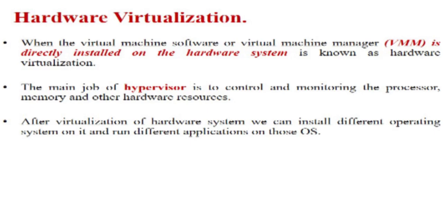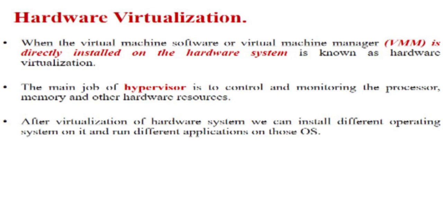Now hardware virtualization. When the virtual machine software or virtual machine manager is directly installed on a hardware system, it is known as hardware virtualization. The main job of the hypervisor is to control and monitor the processes, memory, and other hardware resources.